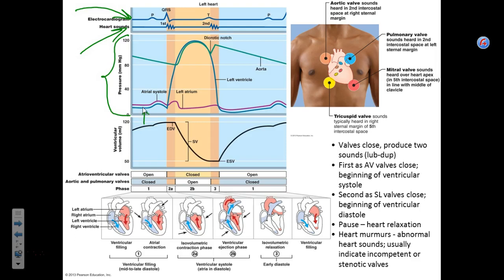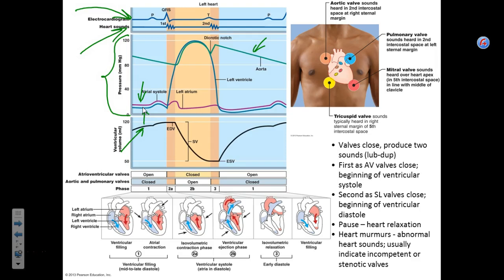The blue is ventricles, purple atria, green great vessels. In this case, they're looking at the left side, so left atrium, left ventricle, and aorta. Black is the volume of blood in the ventricle.